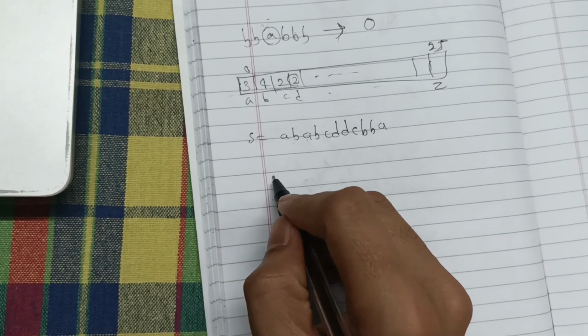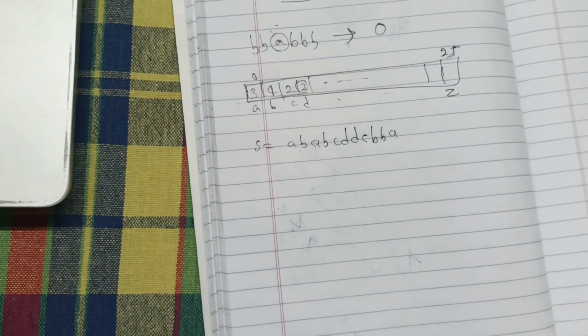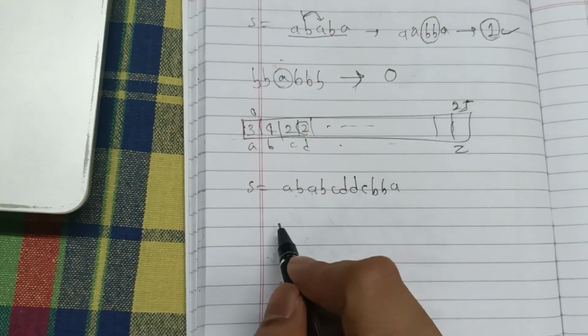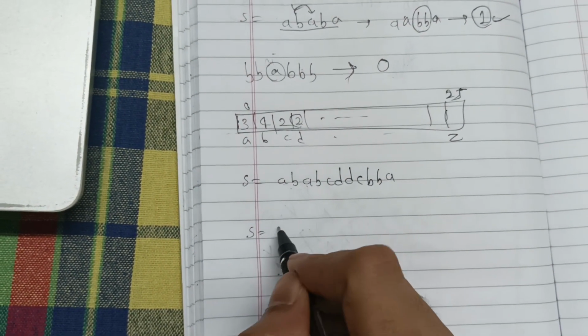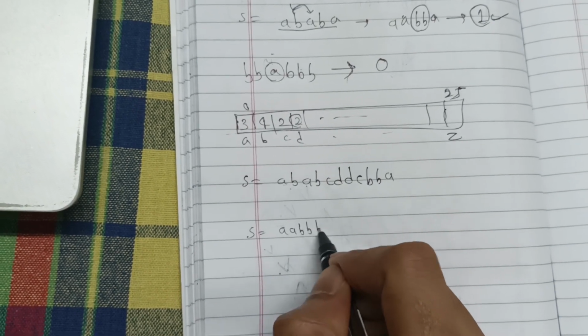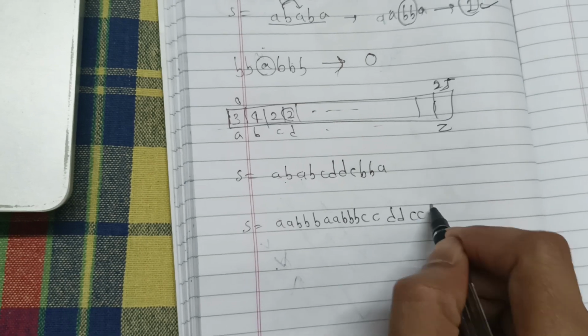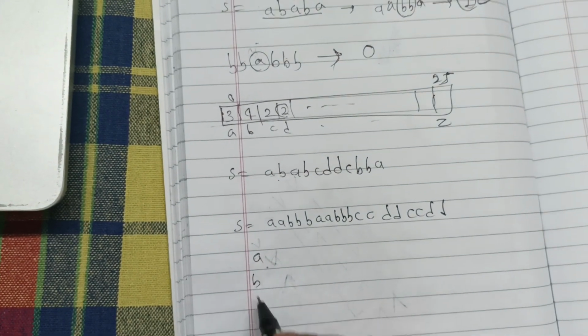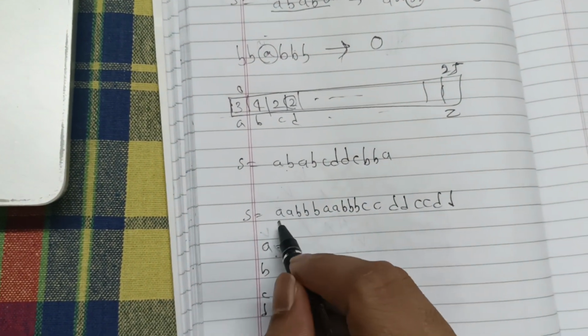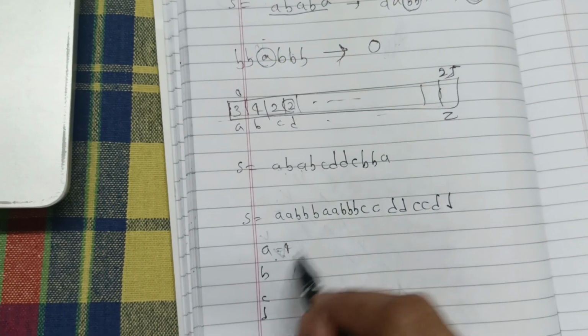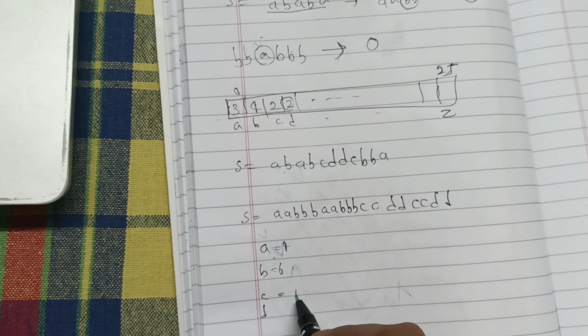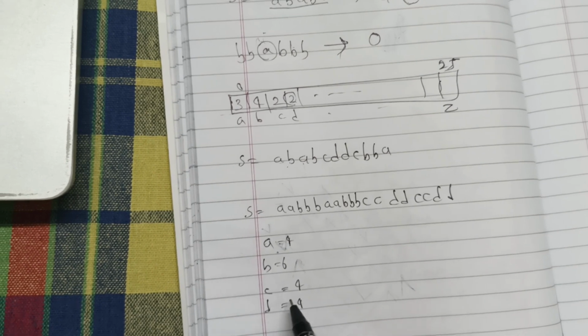If a test case is like this, if S is equal to ABBBABBBCCDDCCDD, here A occurs 4 times, B occurs 6 times, C occurs 4 times, D occurs 4 times.